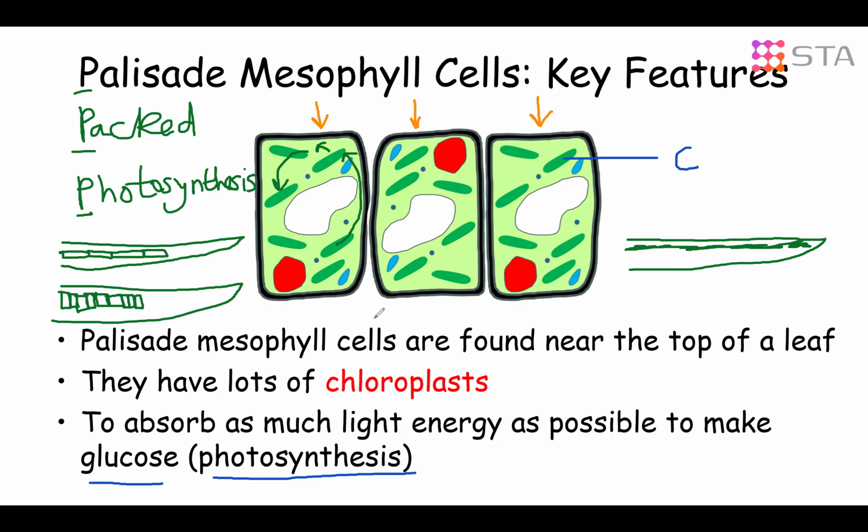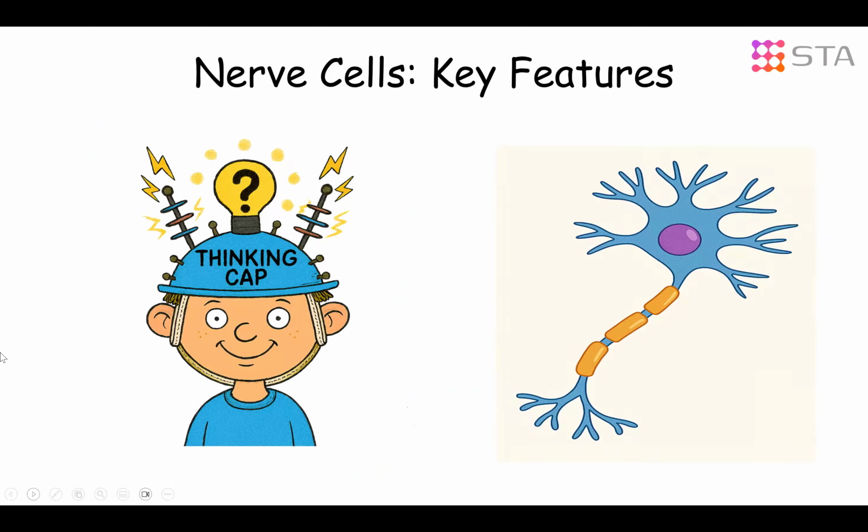So these are very, very important cells because, of course, this is where all of our food comes from. All of our food comes from plants. And where are these sugars made? Inside palisade mesophyll cells.